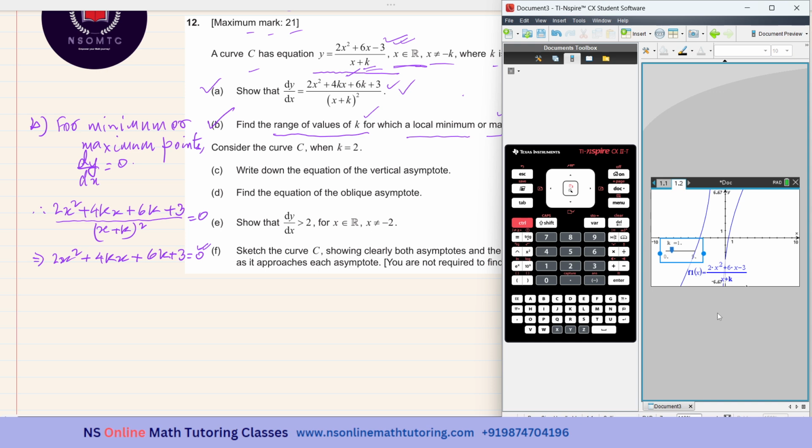So this is the shape of the graph you see when the k value is 1. And as you are seeing, the graph is not having any minimum or maximum point. Okay, now let us change the k value.